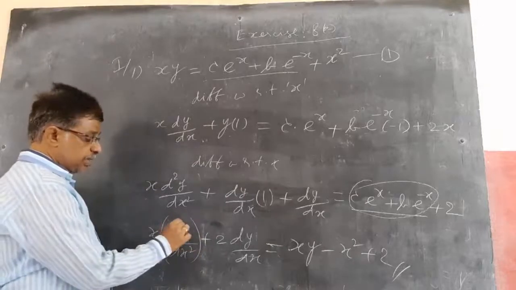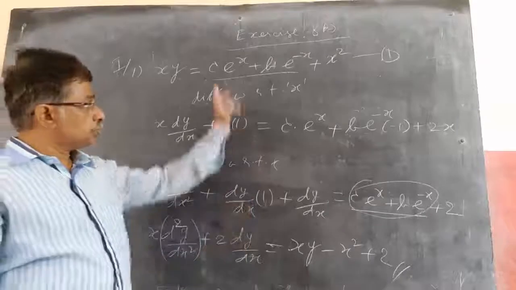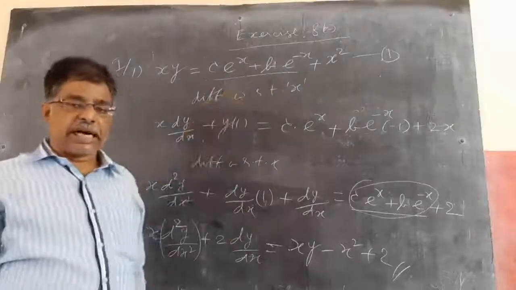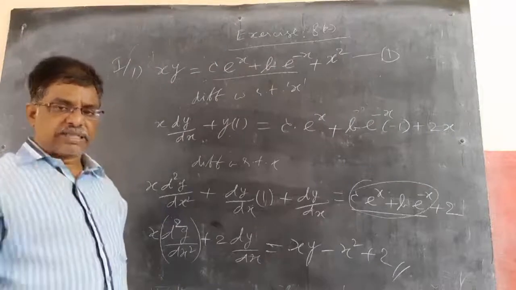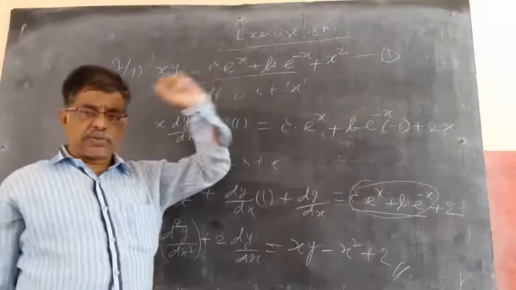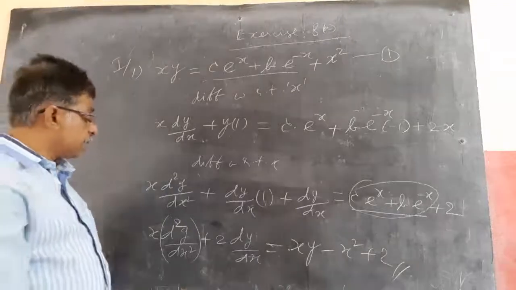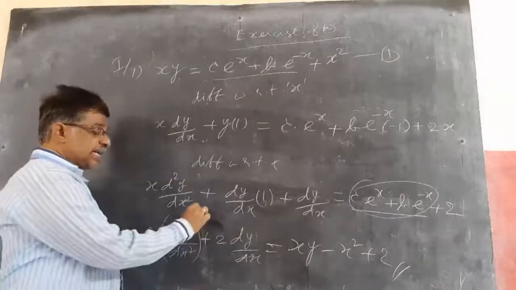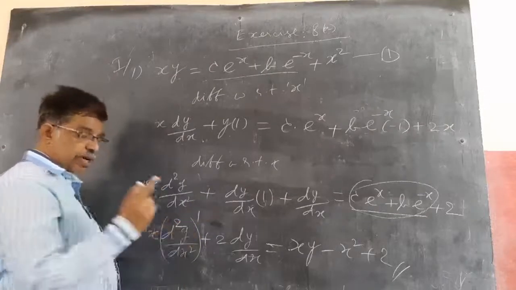With order 2, means the order is 2, the highest derivative is 2. The constants always give you the order, no need to work it out; directly you can say, whatever the equation is, here 2 constants, order is 2. Even if you differentiate 2 times, order is 2. Next, coming to the degree. Degree is the highest power of the highest order derivative. So the highest power of the second order derivative is only 1.